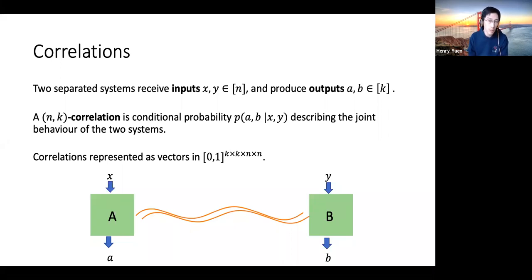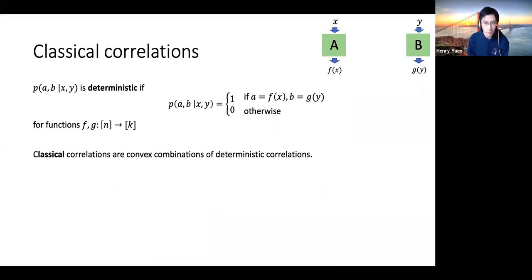It depends on your model of physics. If your model of physics is classical, then you get something called the set of classical correlations. These are built out of deterministic correlations, where the outputs of each box are just a deterministic function of their inputs.